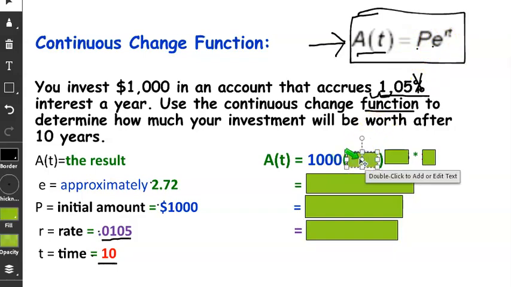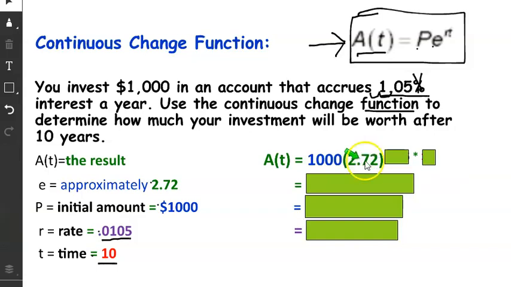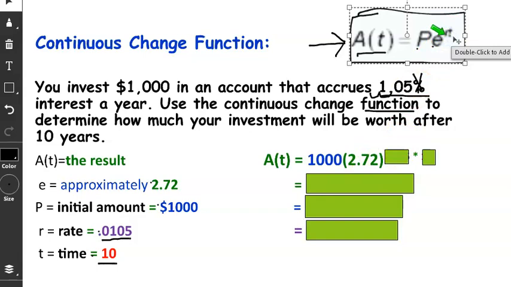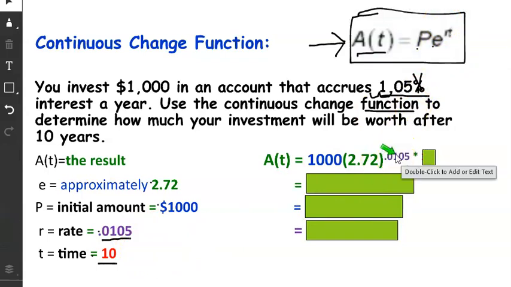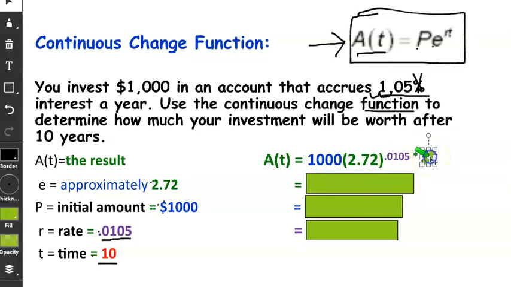So what's the E? It's about 2.72. Now the exponent is the R times the T, the rate times the time. I'm going to take out the R and put in 0.0105. That's the rate as a decimal times the time, 10 years.